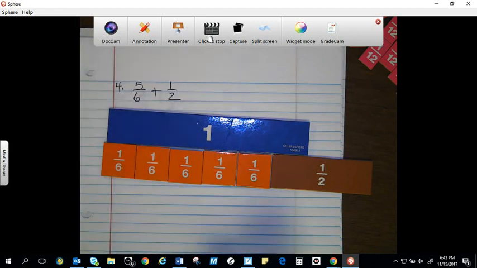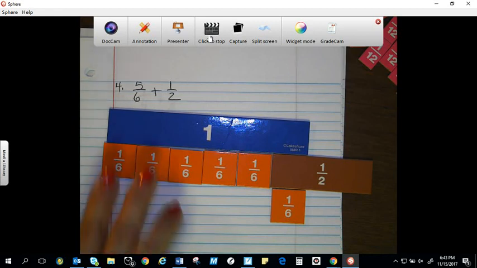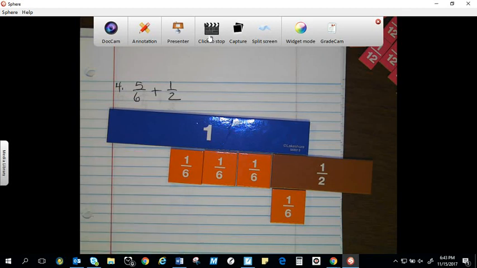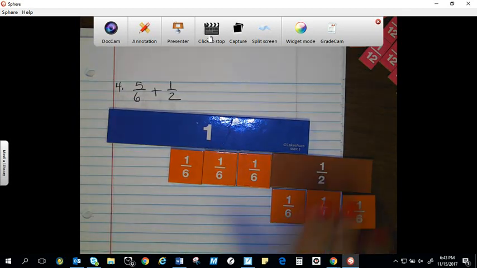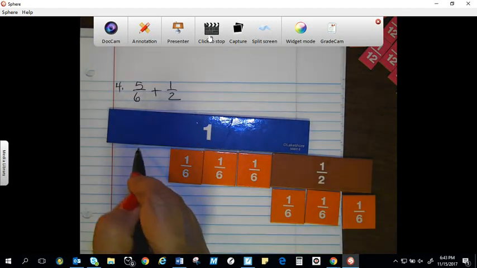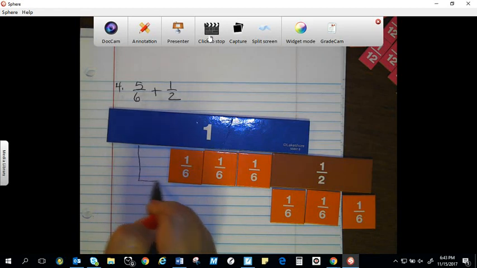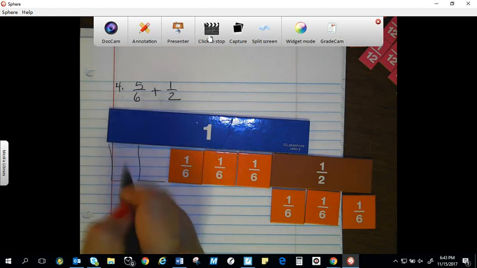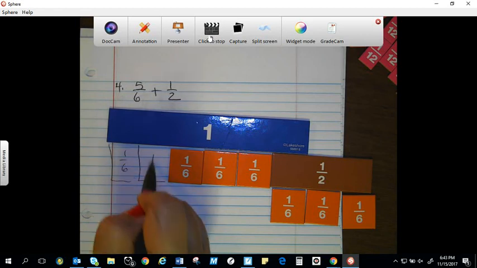However, can I continue my 6? That's 1. Since you only have 1 back, I'm going to actually borrow from this end and take it over here. Still knowing that I have this here. I'm going to kind of draw that on my paper. 1/6 and 1/6.